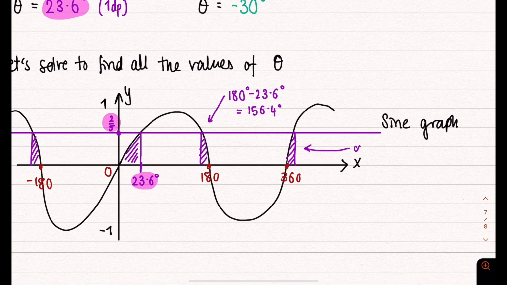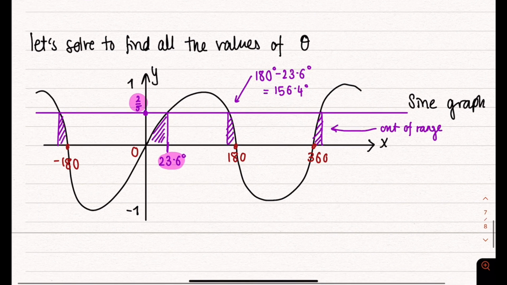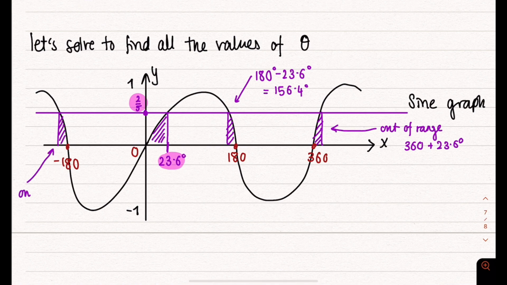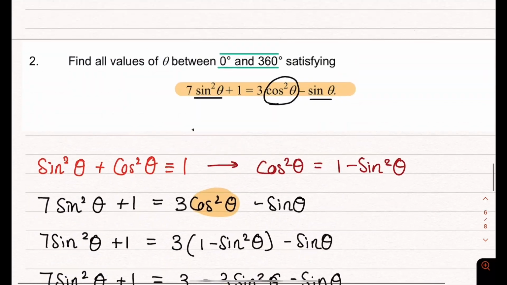Now at this point, we know this is out of range. By using the information above, we know that this will be 360 plus 23.6, which is above the range we were given. And similar to this point, this is also out of range as it's within the negative region.